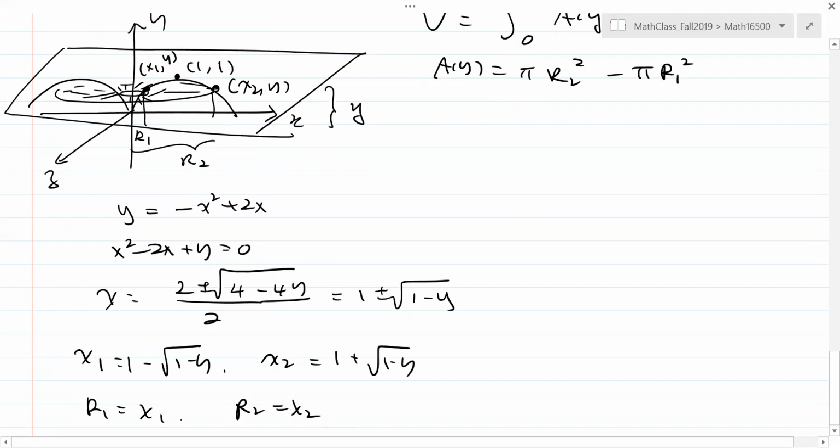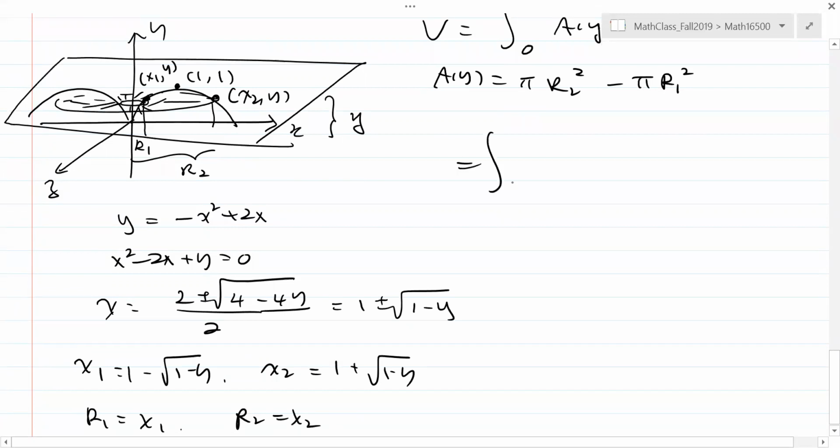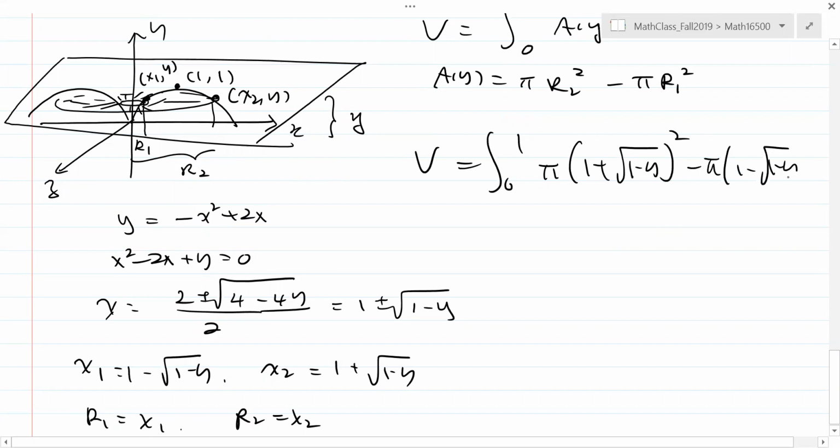So now you go back and substitute. Pi times (1 plus the square root...) and so on. So that is the answer. It's complicated because you have to figure out the radius for the given y.